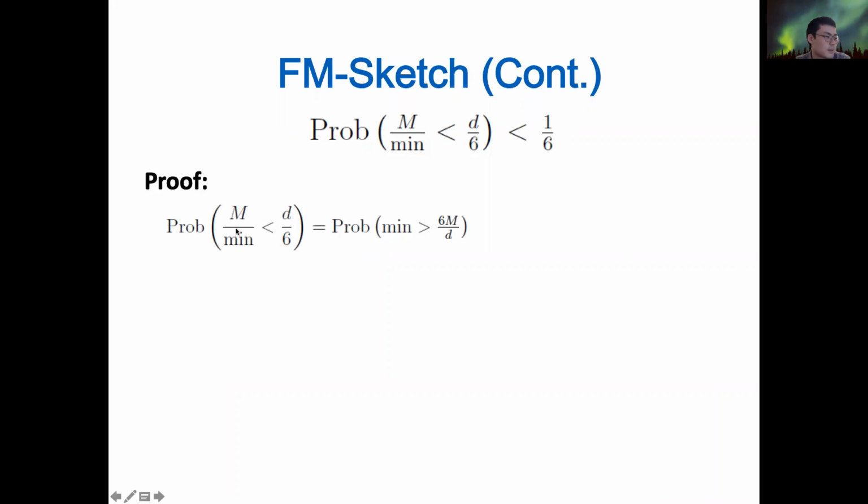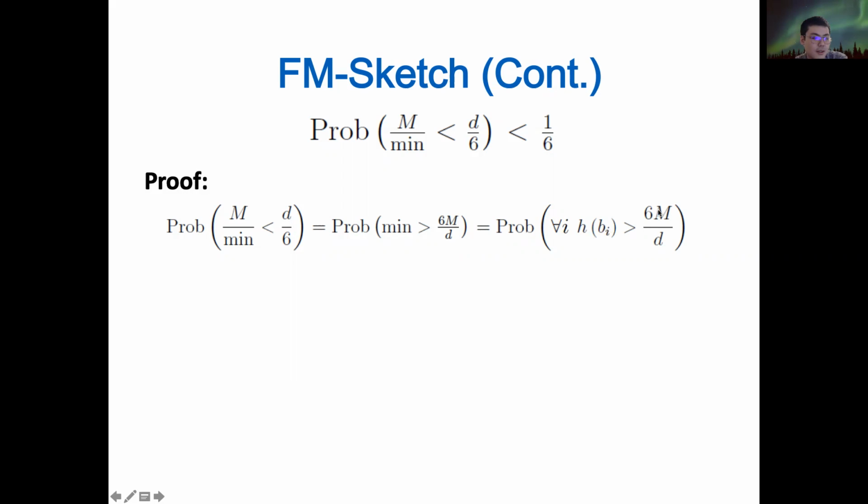Again, we are doing something similar. We just rearrange this. Moving D by 6 to the left-hand side becomes 6 by D. So here you can see what the minimum is. Your minimum value is larger than some particular value, which means for any of the original distinct values, after hashing, they are all larger than this.